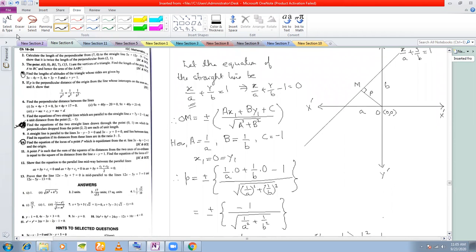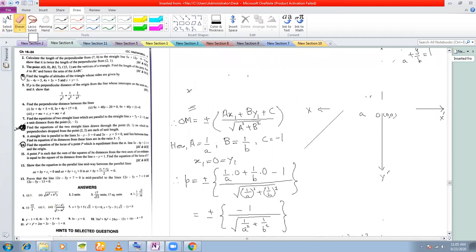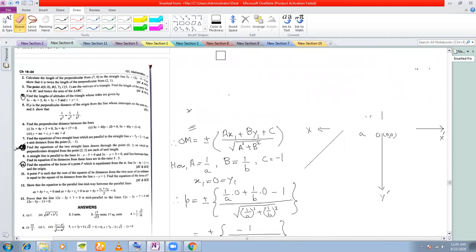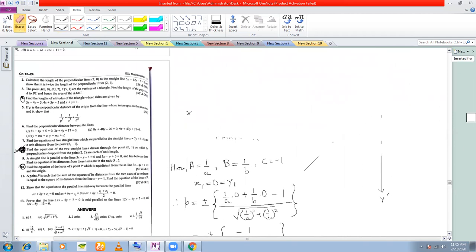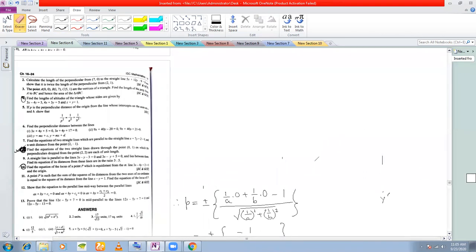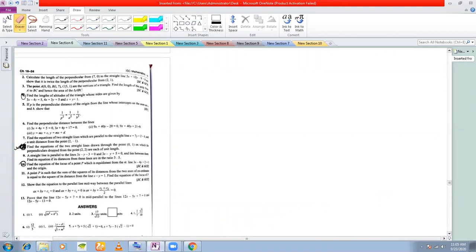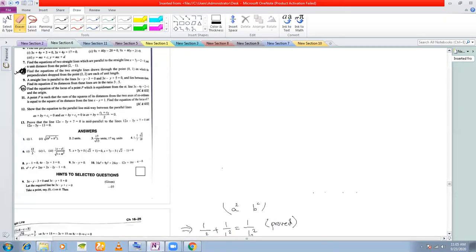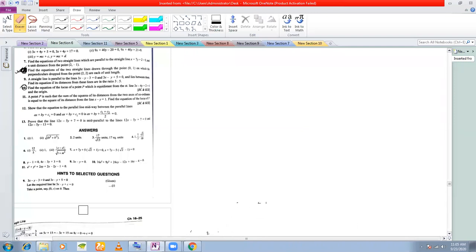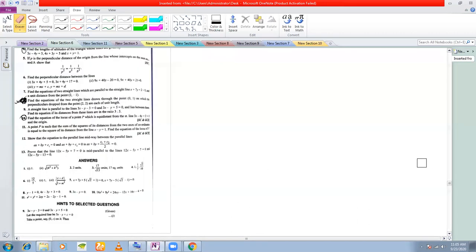Now, what we'll now discuss is problems on locus. This is something that you might just find a little difficult, but still, just remember one thing. You have done locus in class 10. Have you done locus in class 10?